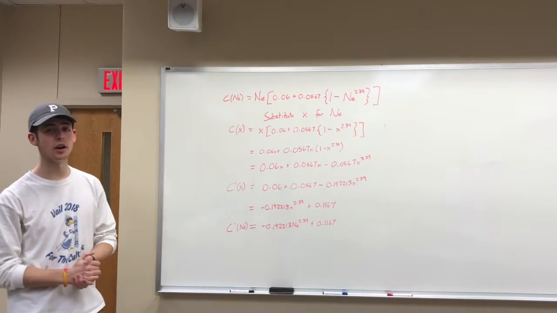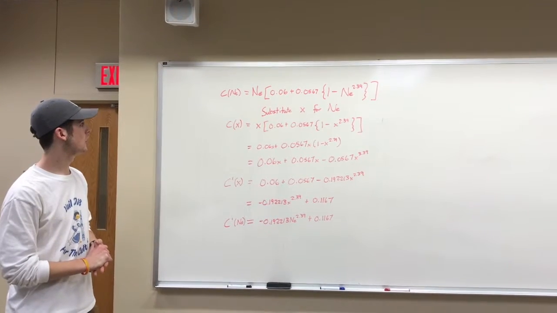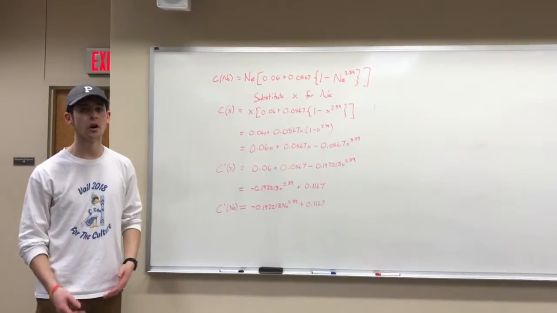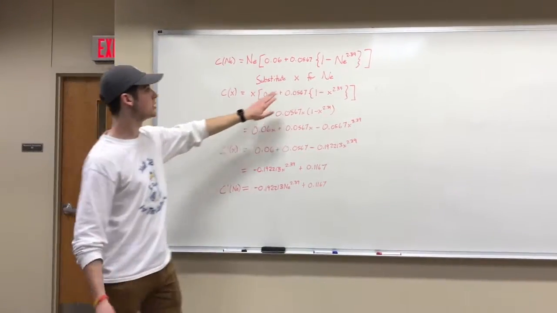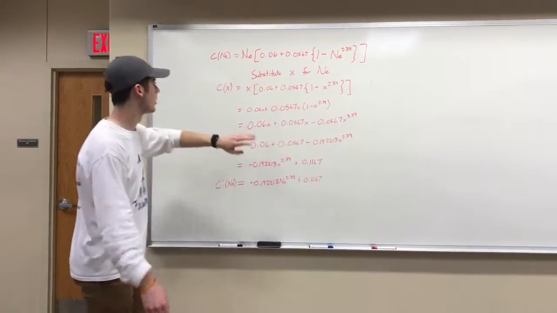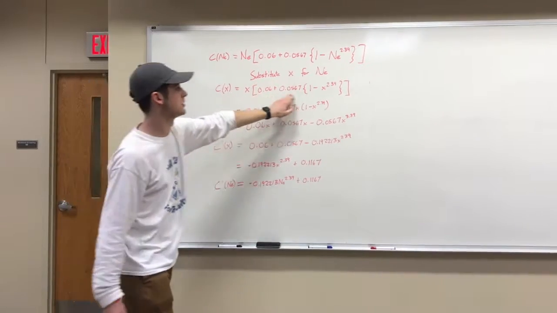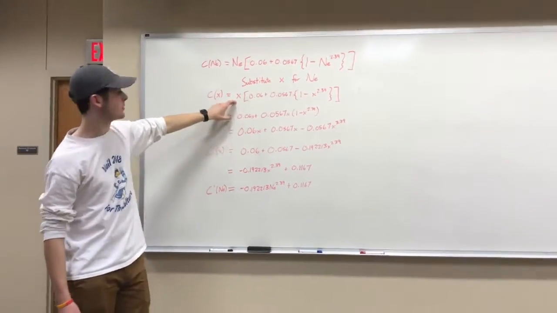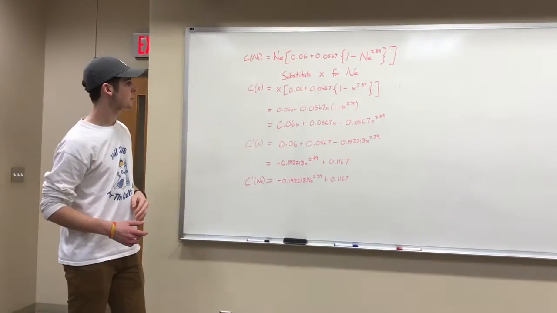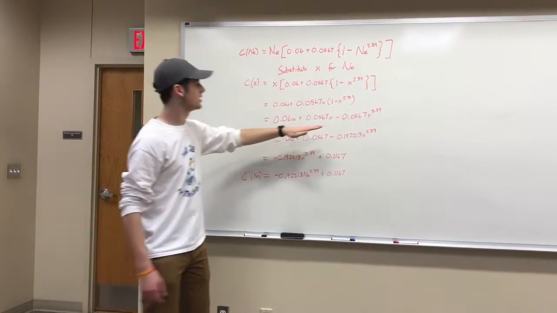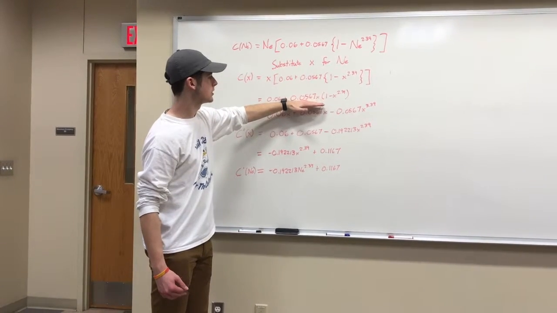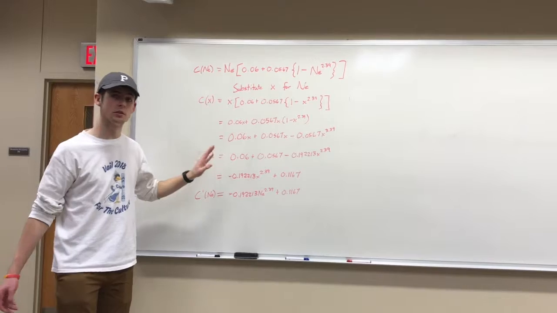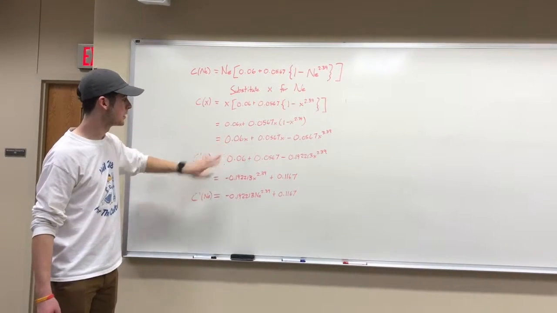For the first part, A, we are going to use the rescaled equation to take the derivative. To simplify, I substituted x for every N. So we get x times this big long thing and then x to the 2.39. I distributed this x out in front to each term, and then once again distributed this x into each of these terms. Ultimately, I took the derivative of each part.